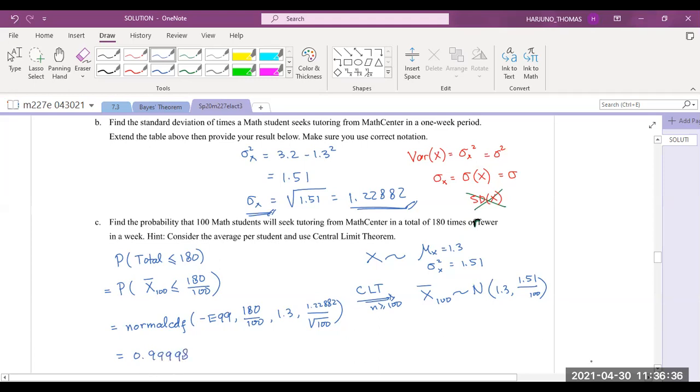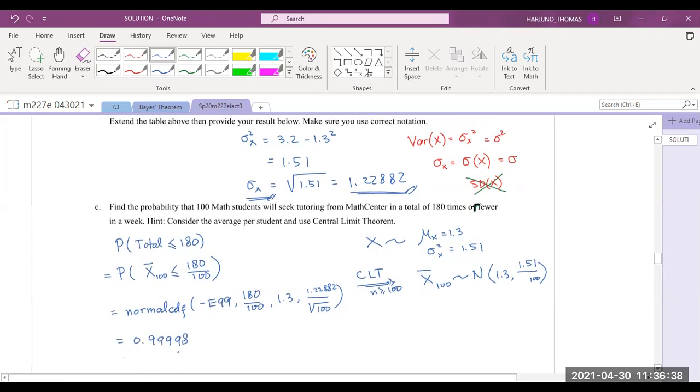0.999976. So the probability is actually very high, almost sure that they will seek at most 180 times tutoring.